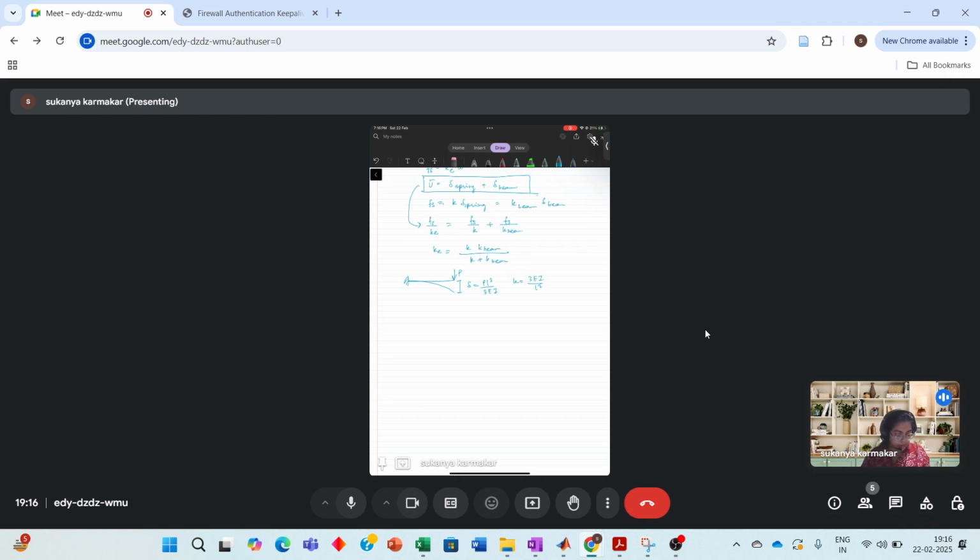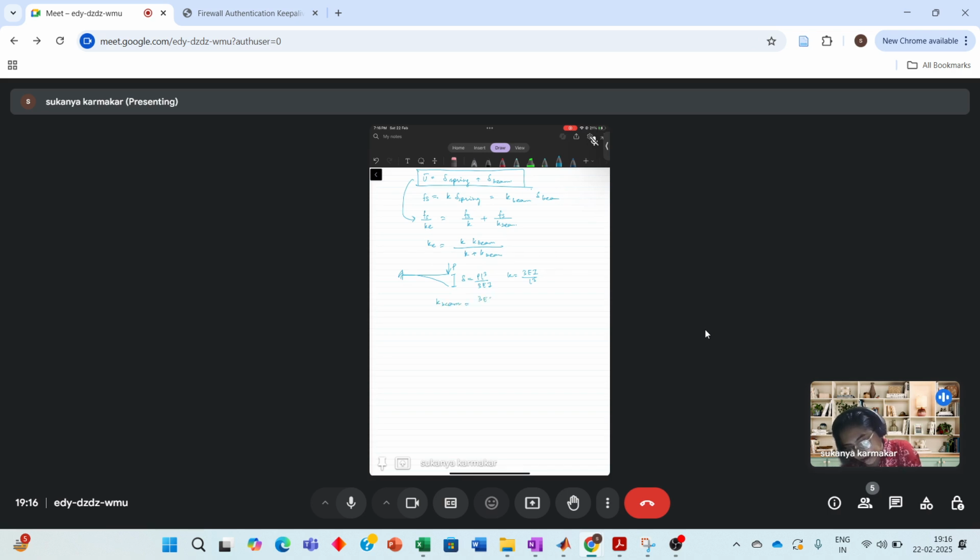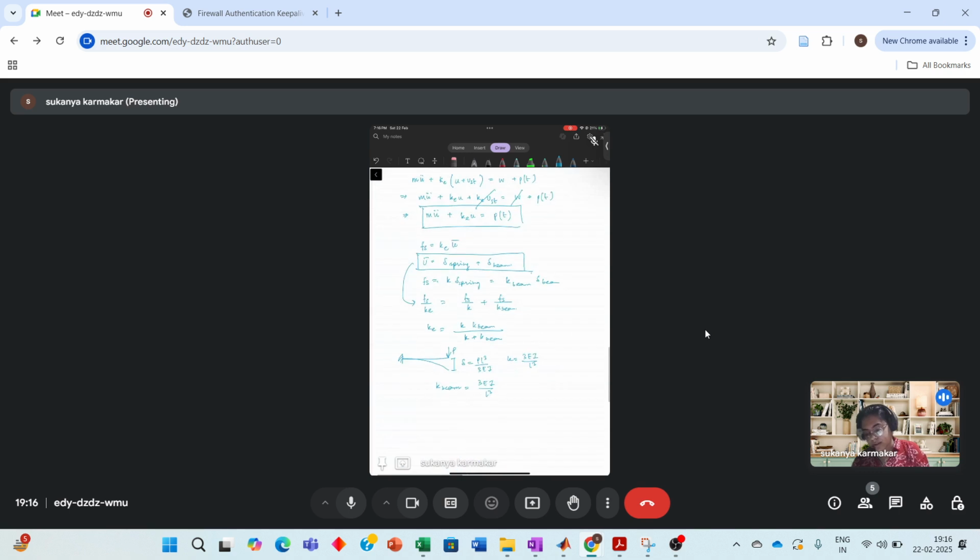So K beam in this scenario is 3EI by L cube. And if you know the stiffness of the spring, you can just substitute it in this problem and calculate the value of Ke. So it gives you a sense of the effective stiffness of the system.